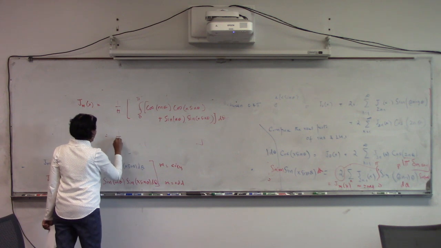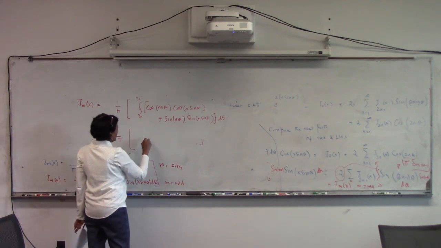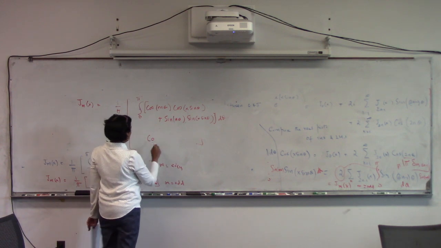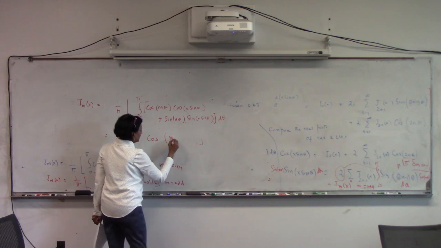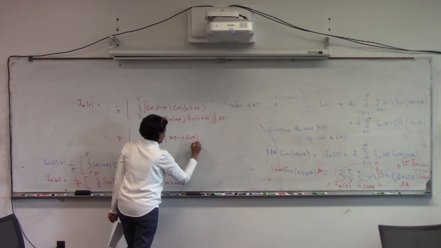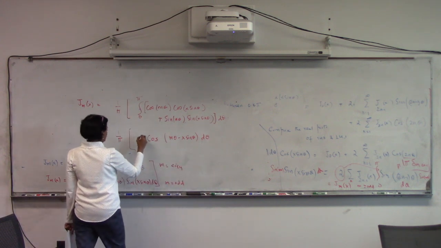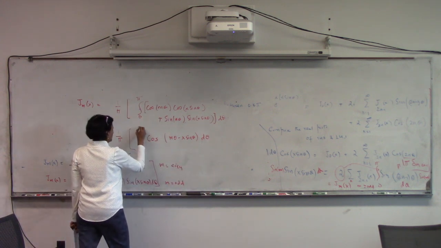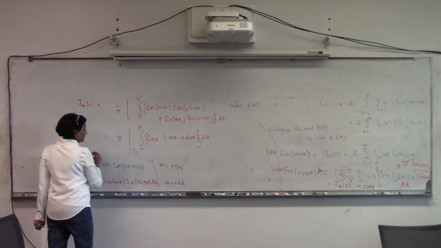Okay, 1 over pi. This is just cosine of A minus B kind of a thing, right? Cosine of m theta minus x sine theta d theta, the integral of this whole quantity d theta.